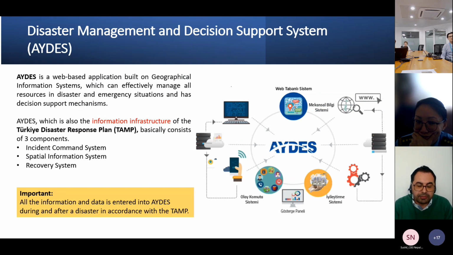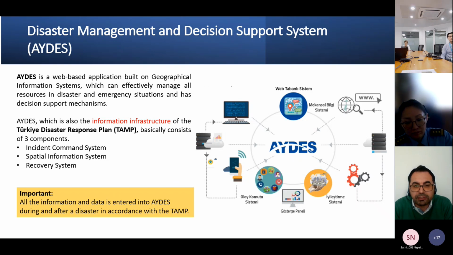After introducing the TAMP, I would like to mention the IDES, which is a web-based application built on geographical information systems. It effectively manages all the resources in disaster and emergency situations, and it has a decision support mechanism inside.